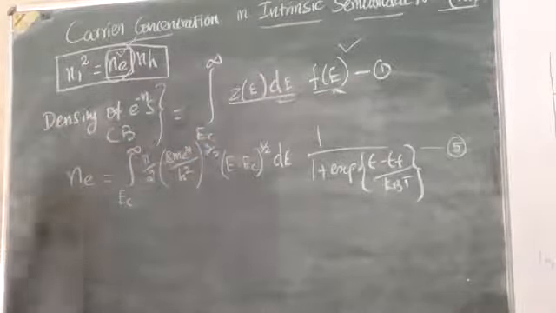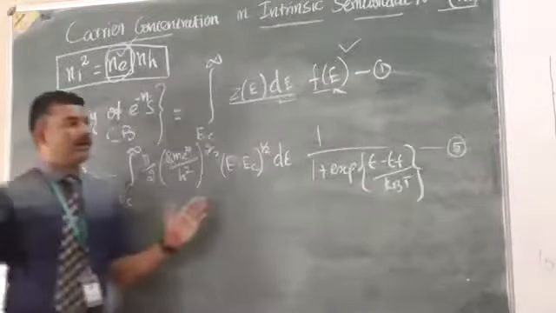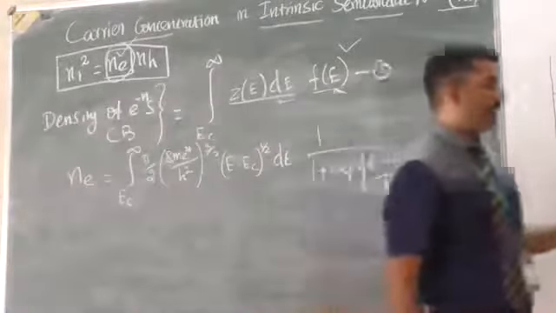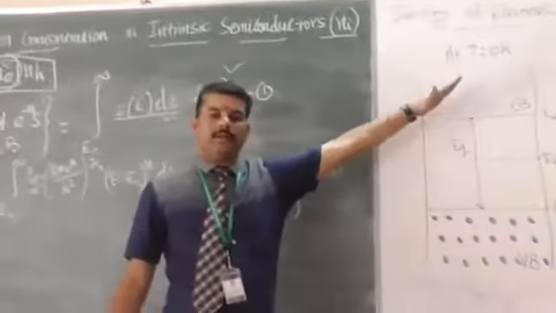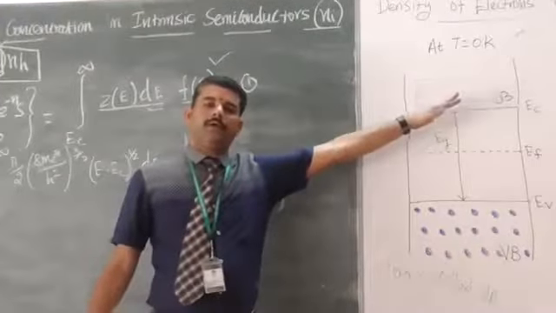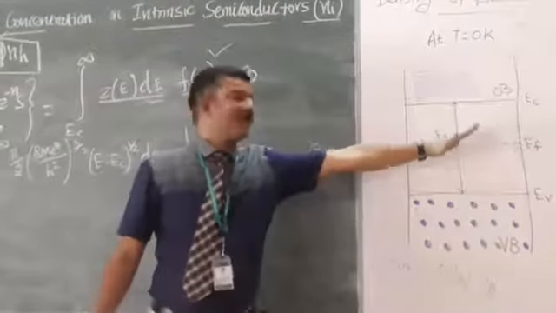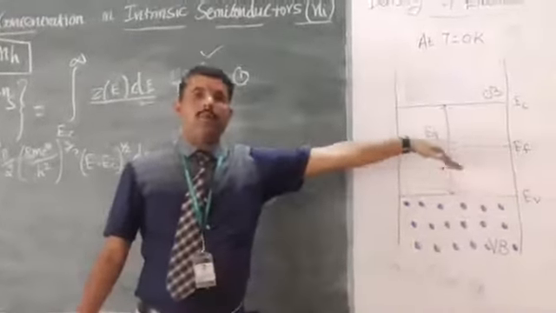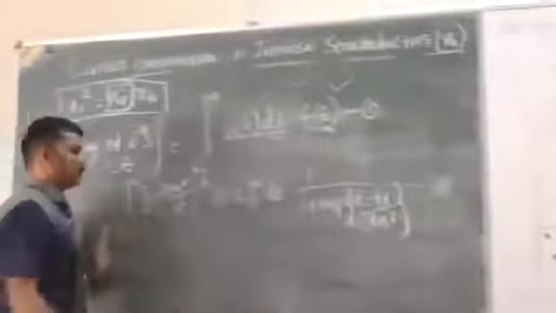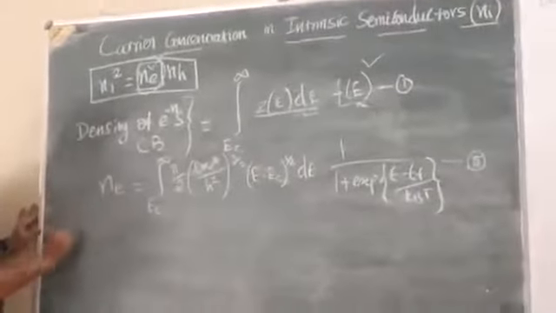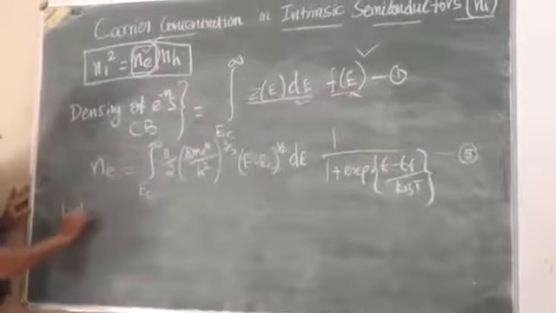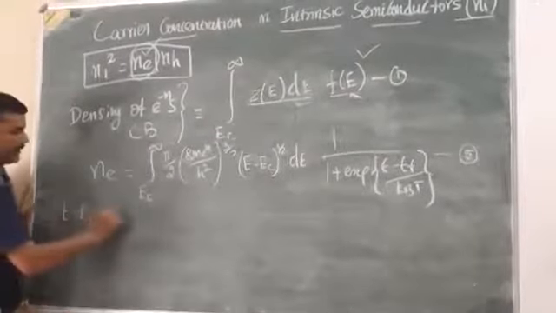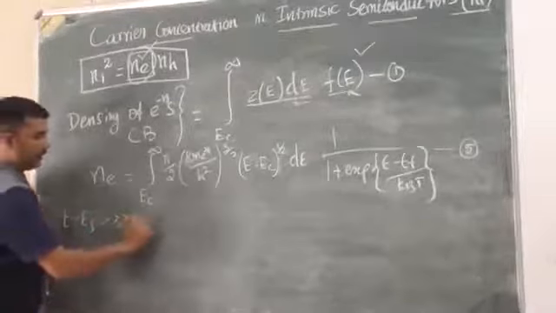Alright, from this, when an electron moves from the conduction band to the valence band energy level, we require more energy than kBt. We require more energy than kBt. So we can write the energy distribution E minus EF is very much greater than kBt.